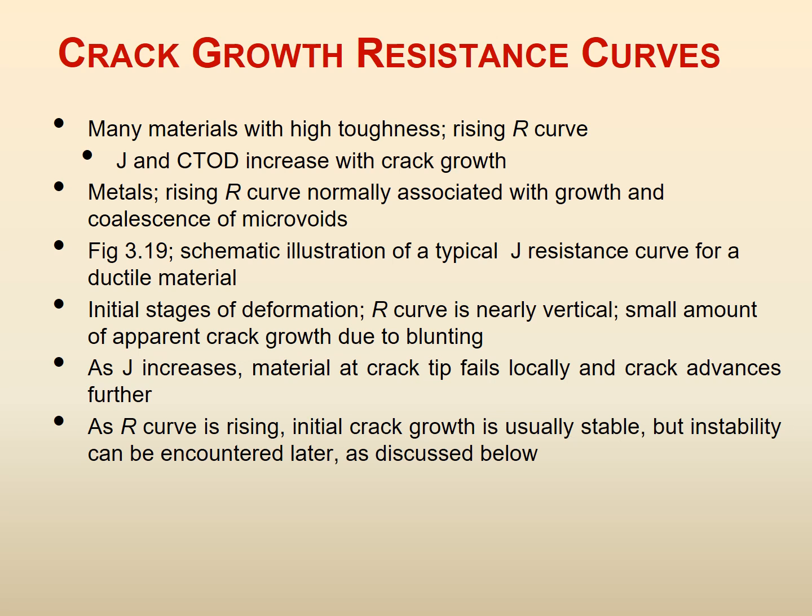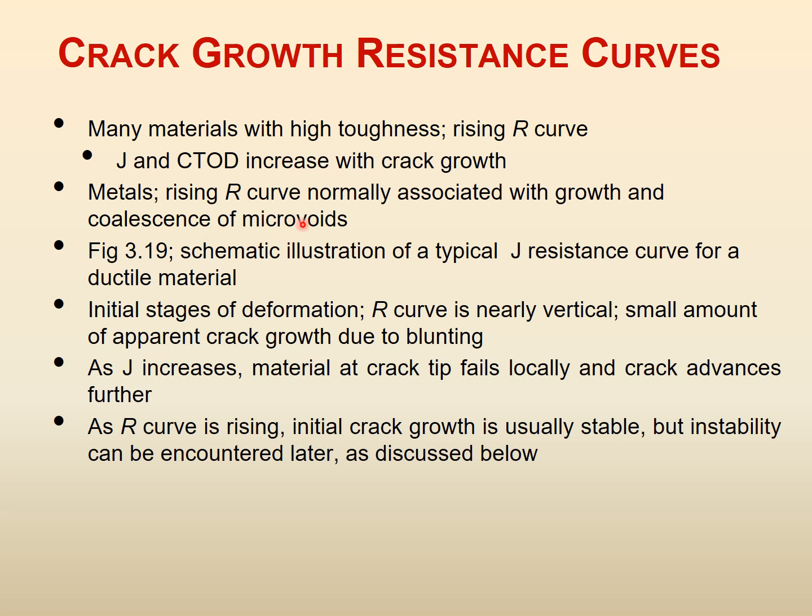But when the materials have significant plasticity, crack growth will be fast when the material is more brittle. When there is more and more plasticity, the resistance of the material to crack growth will keep on increasing, right? So J and CTOD will increase with crack growth. In standard metals, a rising R curve is normally associated with growth and coalescence of micro voids.